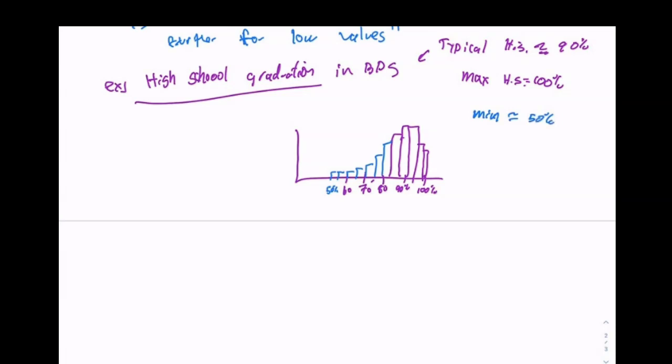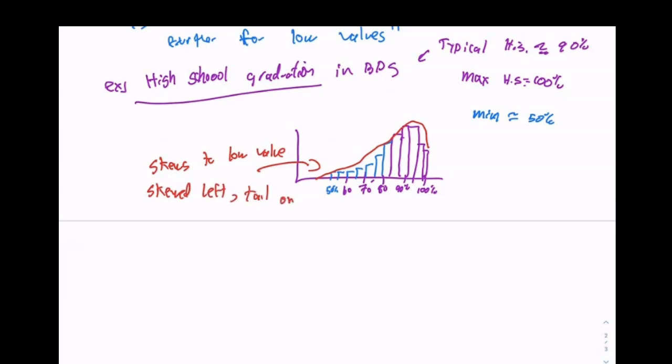If I give you this information, the typical is around 90, you can't go further than 100, but the lowest is about 50. You can see from this that it skews to the left. It skews to low values. It is skewed left. There is a tail on the left.